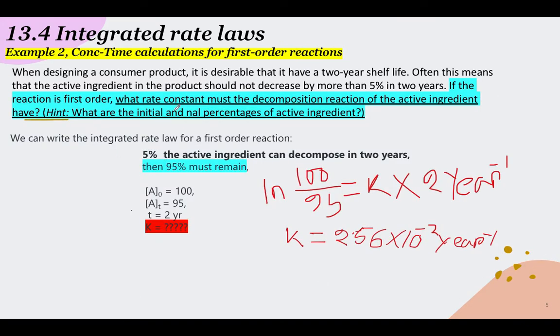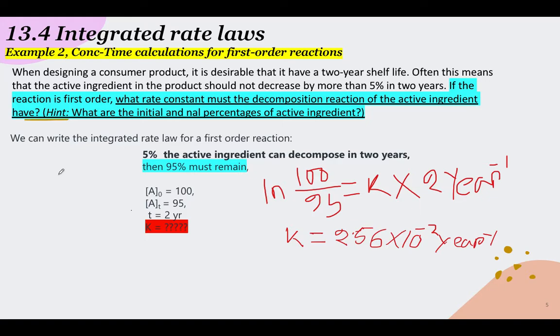Another problem is here. When designing a consumer product, here I want to tell you something. When you buy any food, grocery, or even medicine, we always see the expiry date. That is the reason, how long the medicine will keep its potential, 100% efficacy, or stay active.